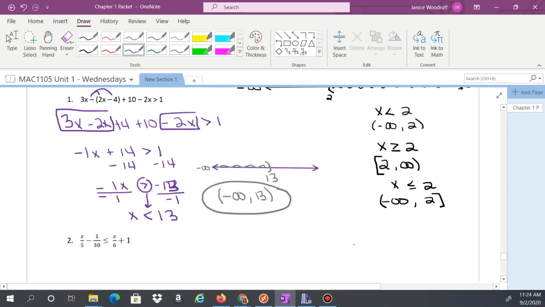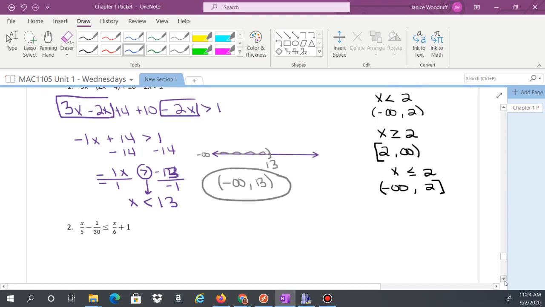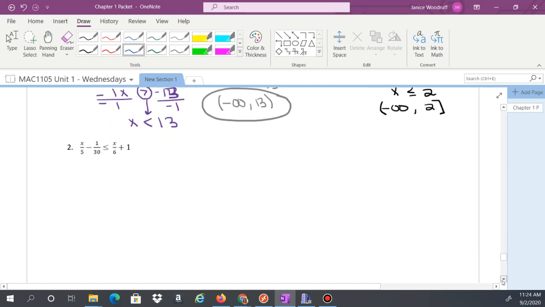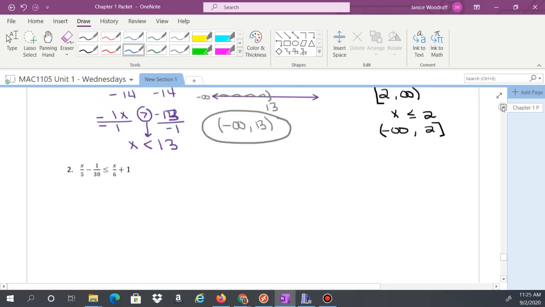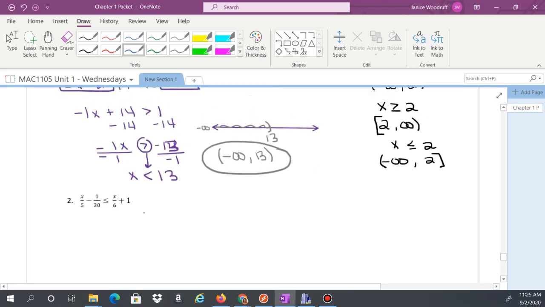All right, and then we've got one with fractions, but it looks like it's just numbers in the denominator. So what's our LCD going to be? 5, 30, and 6. Yeah. Let me, I'm just going to write it so it's bigger so you can see.